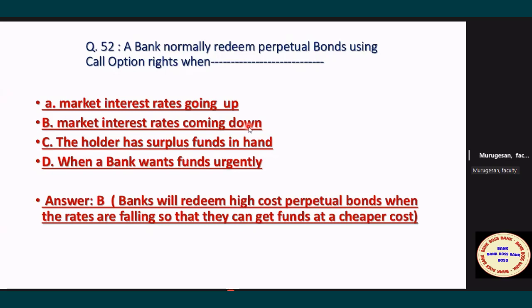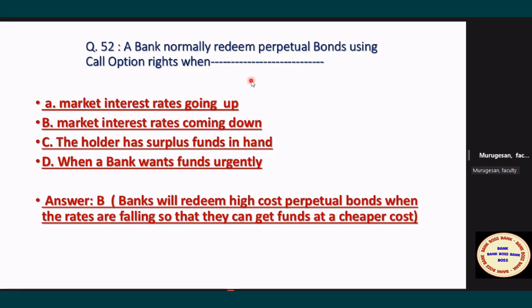So they will exercise their option and redeem because rates are falling. If rates are going up, they will retain the perpetual bond, because if they redeem the bond, getting the funds again will be difficult.